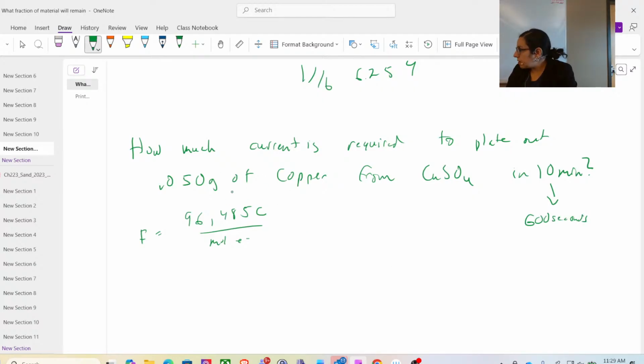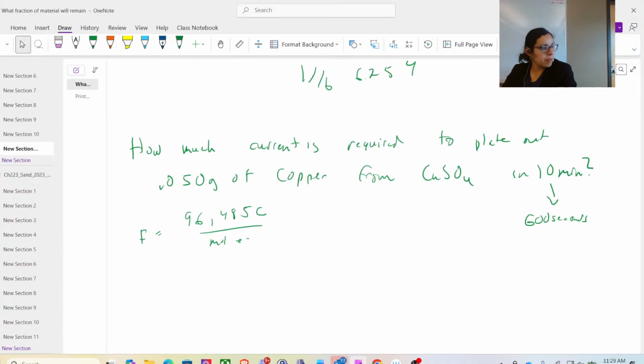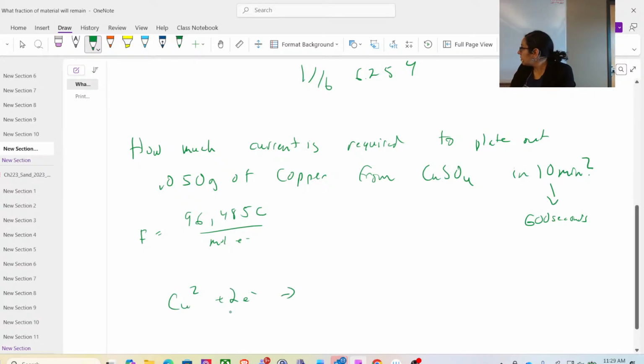But I still need, what's the big thing I'm missing? Yeah, there we go. Mass. So we need to find moles of this. And if you didn't already do this, figure out how many electrons are involved in this process as well. So we're looking at a 2-electron process.